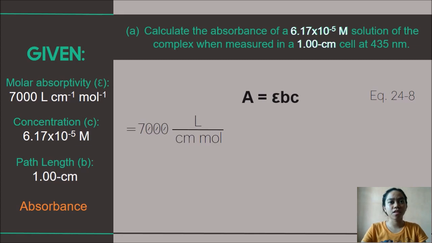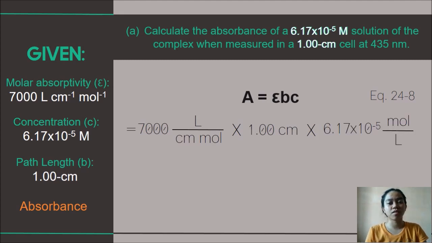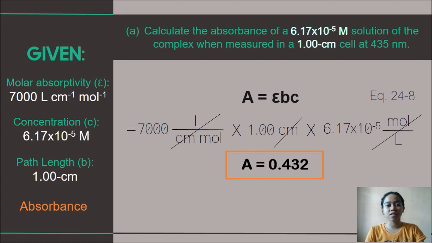So we have 7,000 for our molar absorptivity, 1 centimeter for our path length, and 6.17 times 10 to the negative 5 molar for our concentration. Canceling units, we will have an answer of 0.432 as our absorbance.